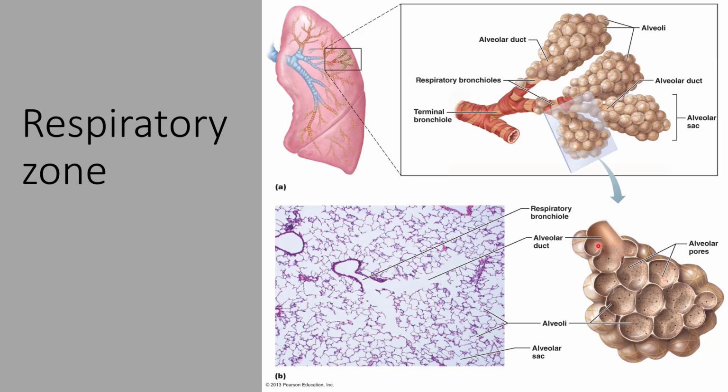When we exhale, air moves out. So air is constantly moving in and out of the alveoli every time we breathe. Here is an actual microscope slide of some alveoli. All of these little ring structures are the alveoli, and we can see they're all connected. We can also see a respiratory bronchiole, and it's much thicker.